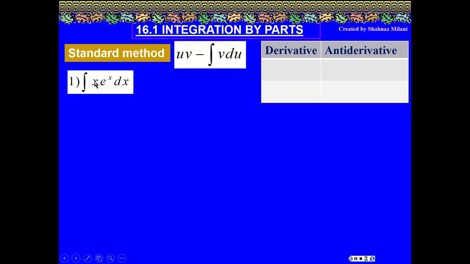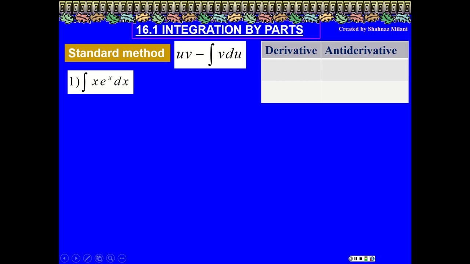Perfect. But in case you are confused, you might say, you know what? If you use the second part as the derivative part, the derivative of e to the exponent x is going to be e to the exponent x. Second derivative, e to the exponent x. 10th derivative, e to the exponent x.